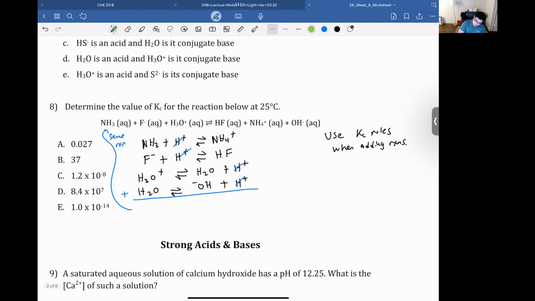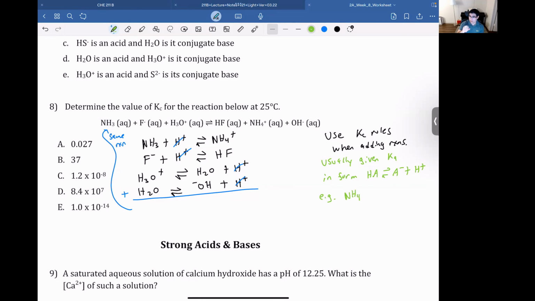Of each of these, right? So if you're given the Ka in this form, then if you reverse the reaction, you're going to have to take 1 over the Ka, right?